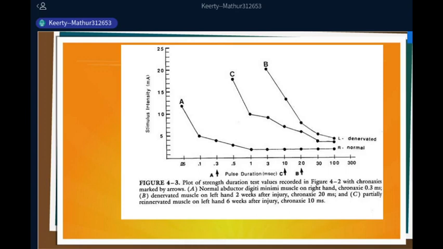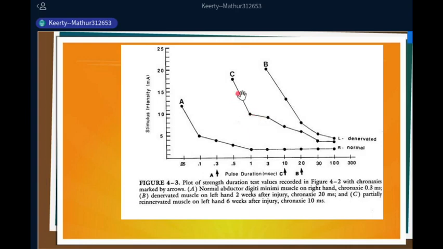So we'll look back at this graph. Before this kink, the graph is because of both innervated and denervated fibers, but after this point, this graph is of the innervated muscle fiber, and this is the point of denervation.